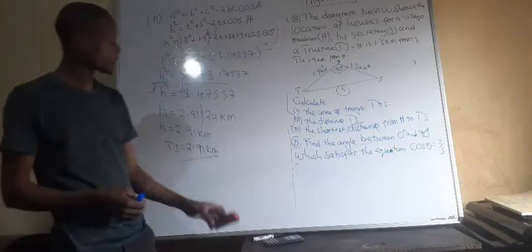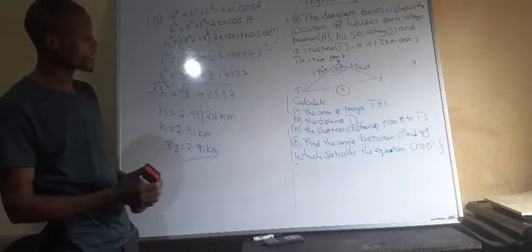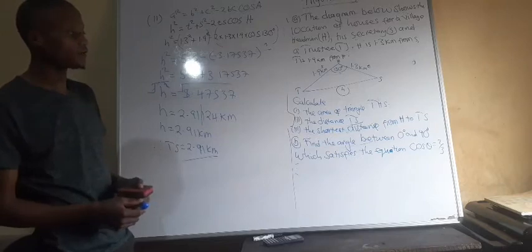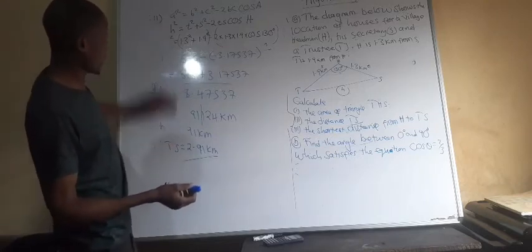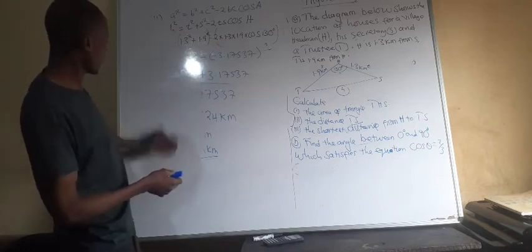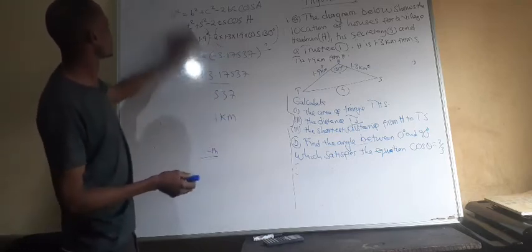Okay, quickly, let's go to Roman number 3. We find the shortest distance from H to TS. The shortest distance from H to TS. Don't forget the answer we have found, 2.91.